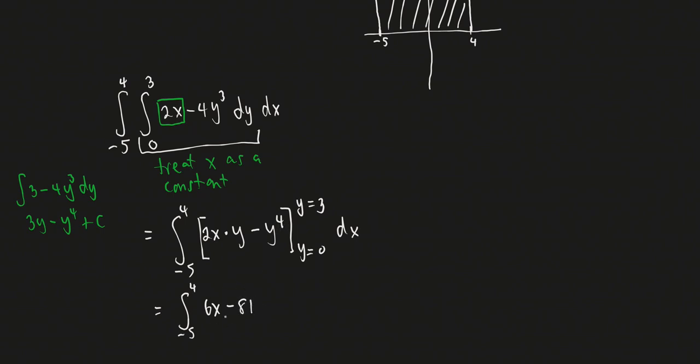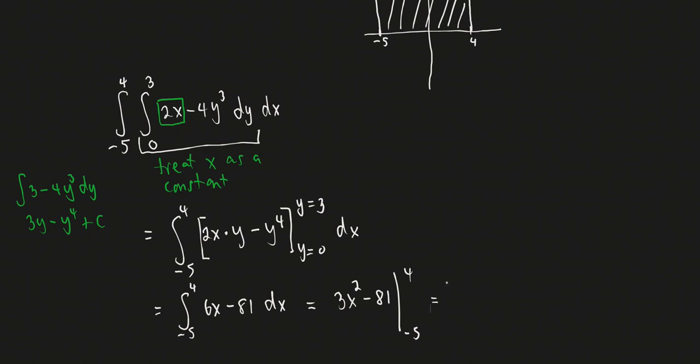And that is the function that I'm going to integrate with respect to x. So this is going to give us 3x squared minus 81x. And again, another FTC. We're going to plug in our 4, plug in our -5, and take a difference.